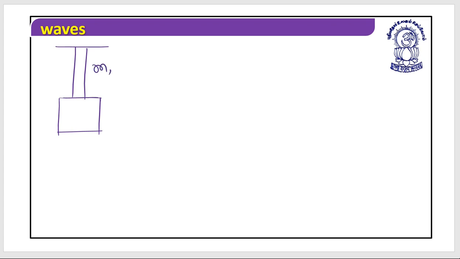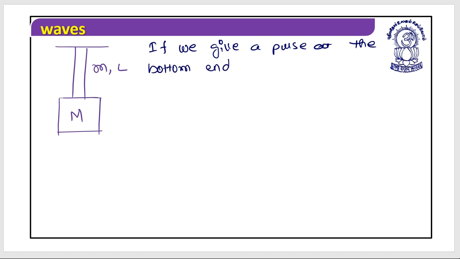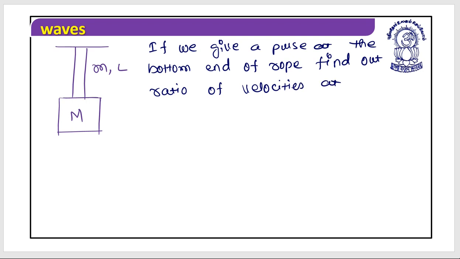This rope has mass m and length L, and this block has mass M. The question says that if we give a pulse at the bottom end of the rope, find out the ratio of velocities at point 1 and point 2.